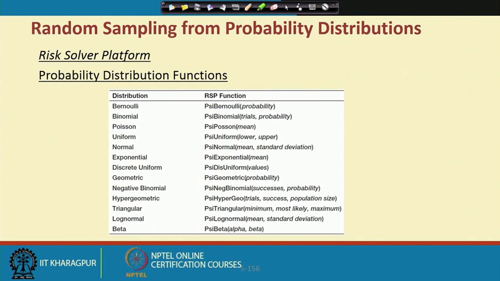And with this, there are risk solver platforms where all kinds of distributions are available. You will find plenty of distributions there, and they give you a structure through which the business can be connected or evaluated as per the need and requirement.